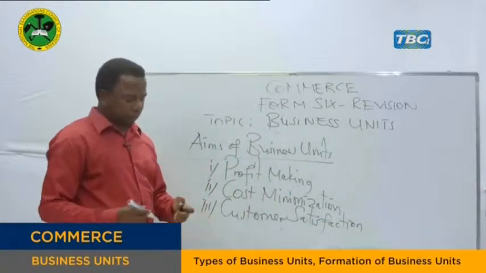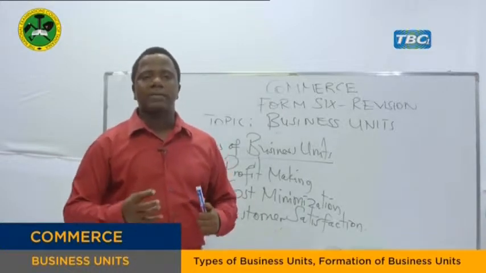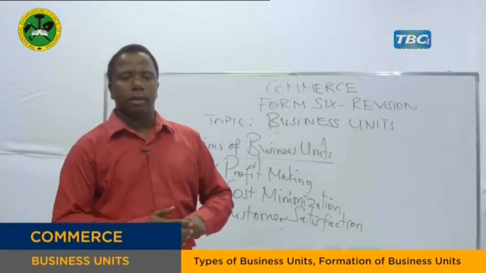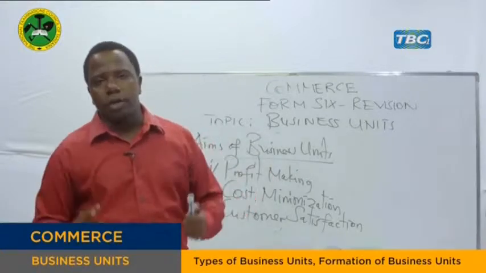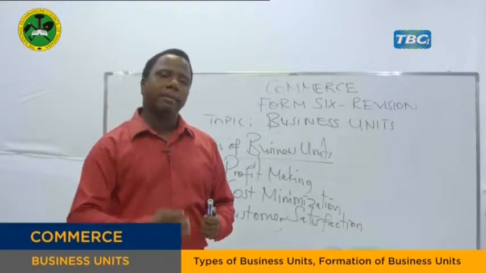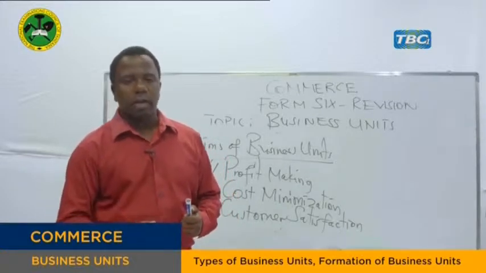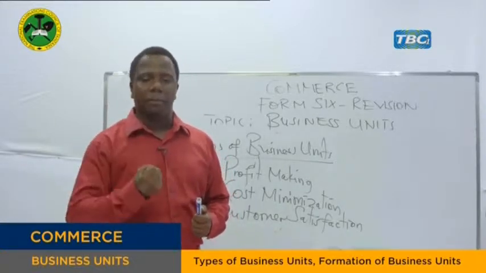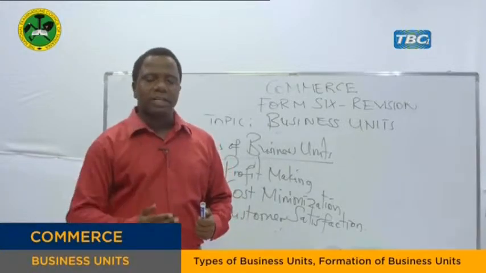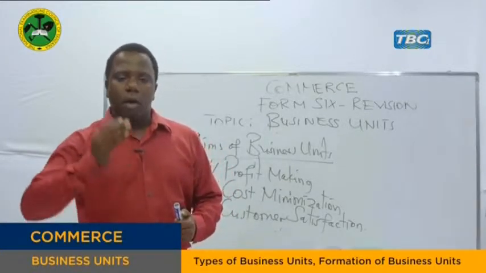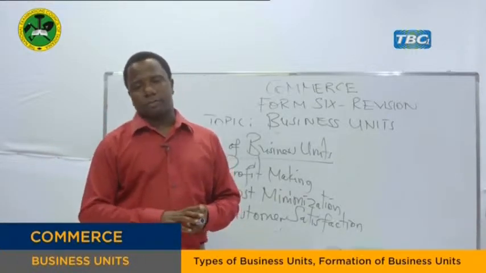Another aim of any business is customer satisfaction. Under this one, different business units will aim to satisfy customers. Customers should be happy or comfortable with the services or goods produced by these business units.